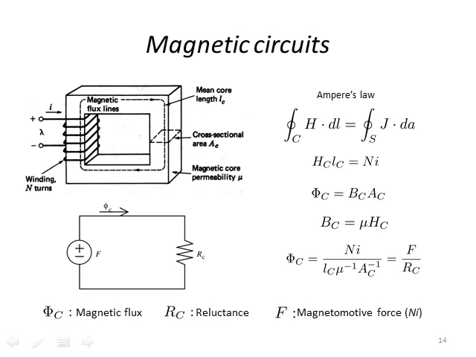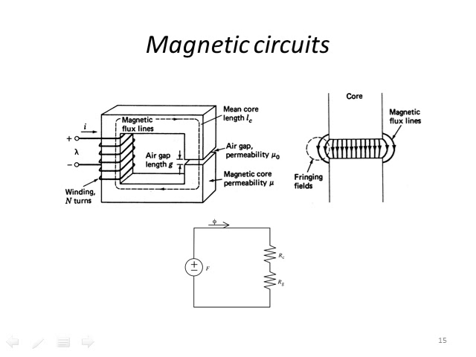And we can construct a lumped model of this now, the electromotive force F, the magnetic flux phi sub c, and then a reluctance, which is a magnetic equivalent of electrical resistance. And then we can derive using Ampere's law the basic properties which are similar to Ohm's law. So then the magnetic flux in the end in this very simplified system is going to be the magnetomotive force divided by the reluctance. And we can use this to design magnetic circuits, these basic laws.